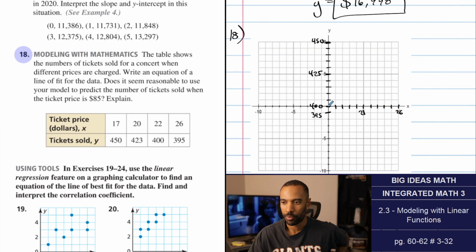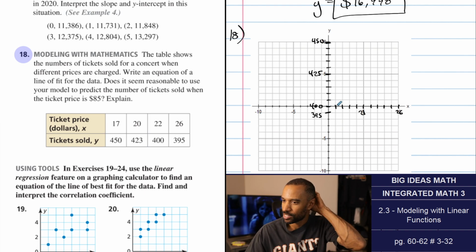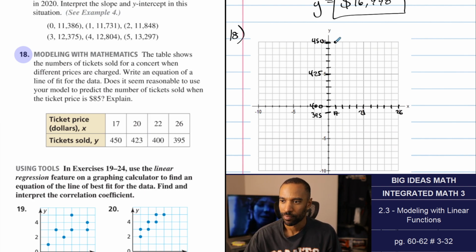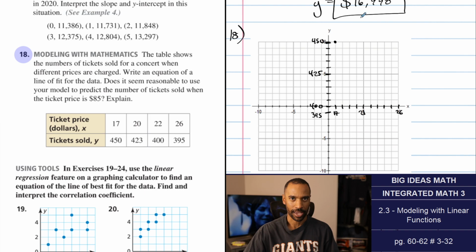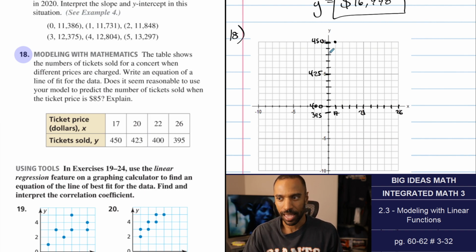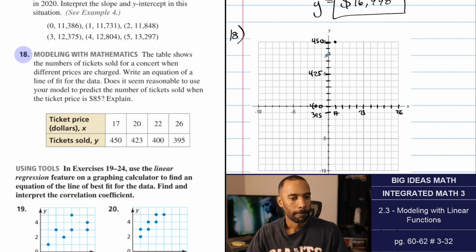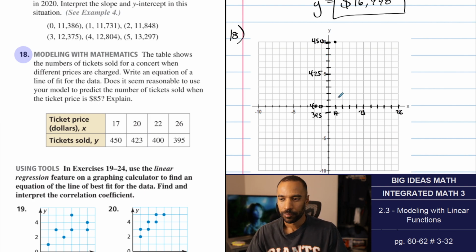So 16 will be right there, so I'm not going to use that one. So this is 17. At 17, I'm going to have 450. My goal is to get the line, and as far spaced out as I can. At 18, 19, 20, I'm going to have 423.